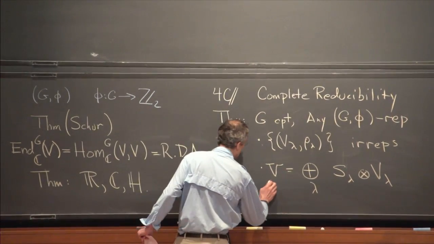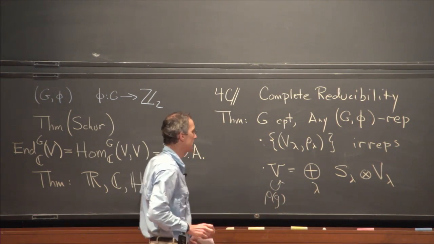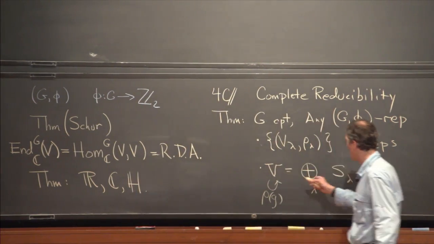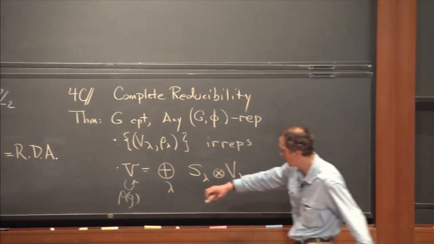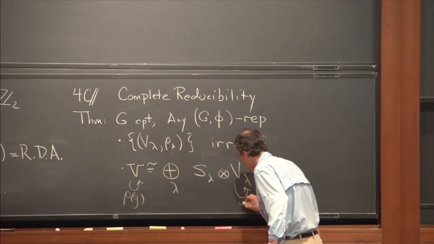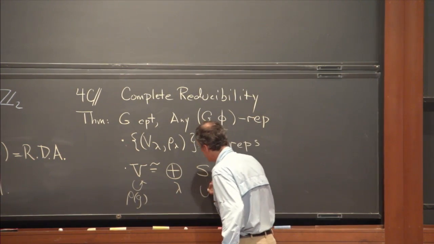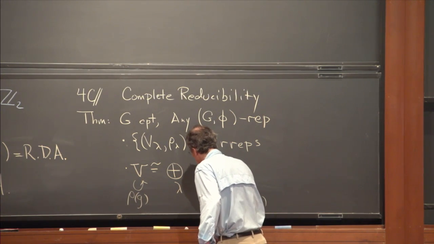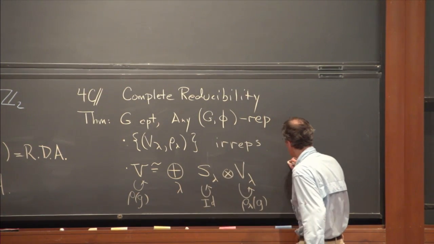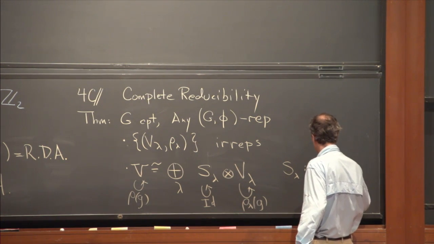So the idea is that G is acting by unitaries and anti-unitaries here, and if I make this isomorphism, then G just acts by the irreducible representations here, and it acts as the identity here. So this S lambda is a real vector space, and it's just representing the degeneracies.